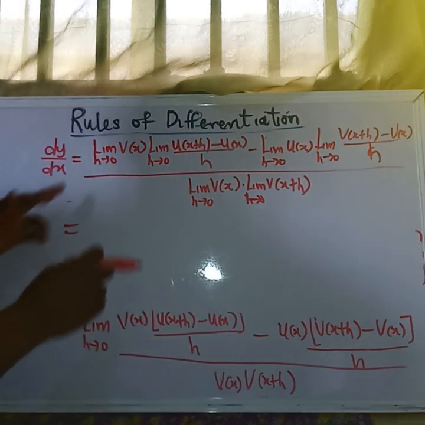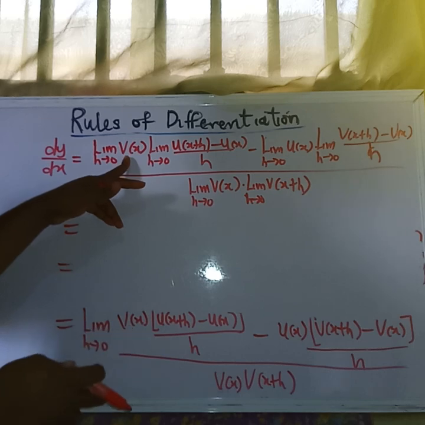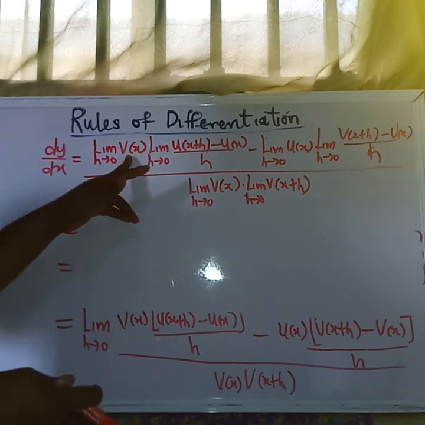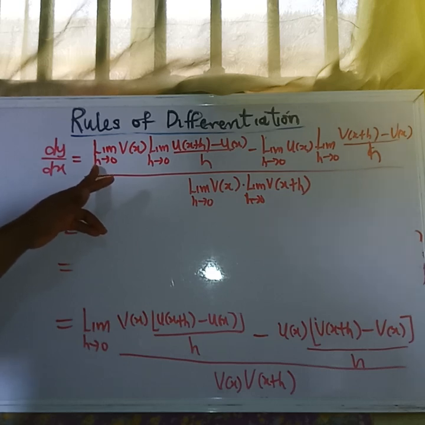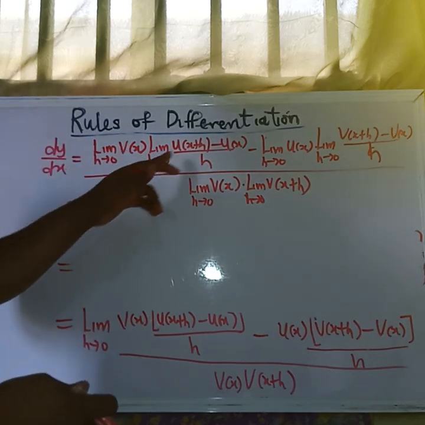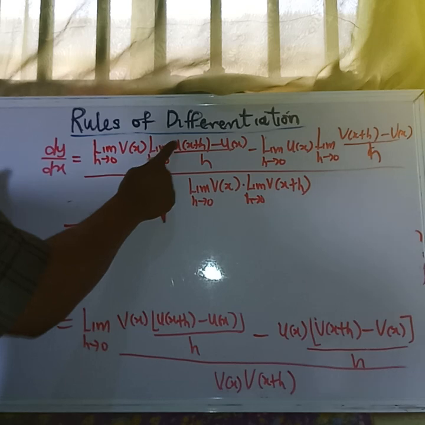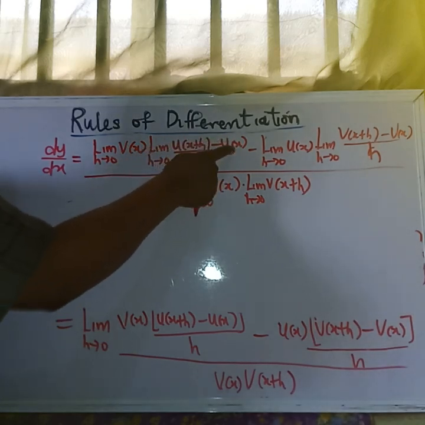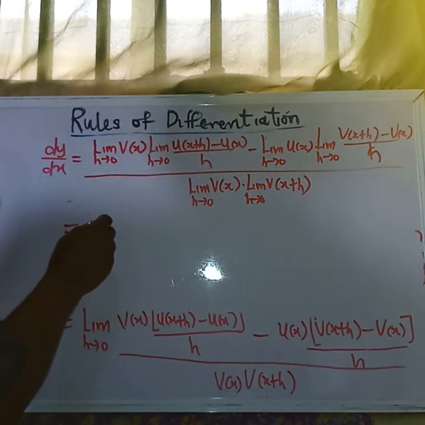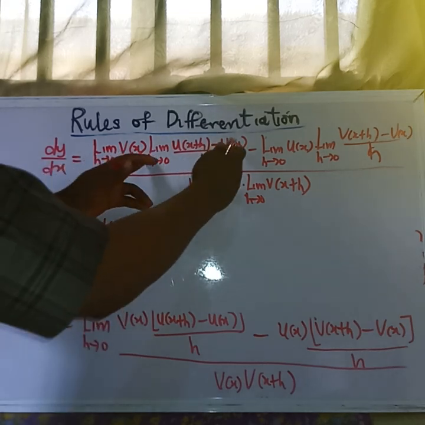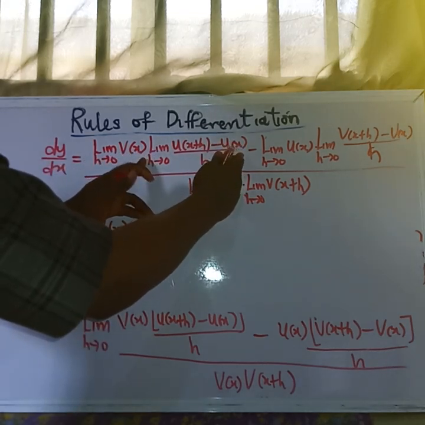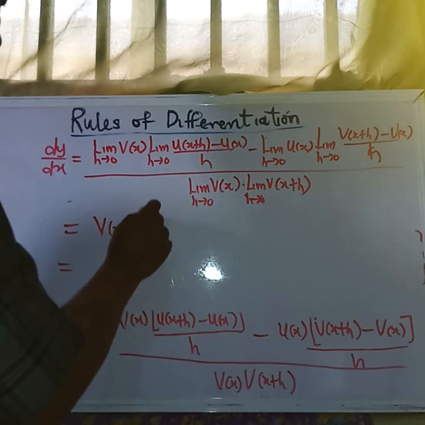Accordingly, this limit will not affect this, as we have said earlier, because this v of x is independent of the variable, the letter h. But this limit will affect this. By definition, we have seen this before, so this will be equal to v of x times the derivative of u with respect to x.